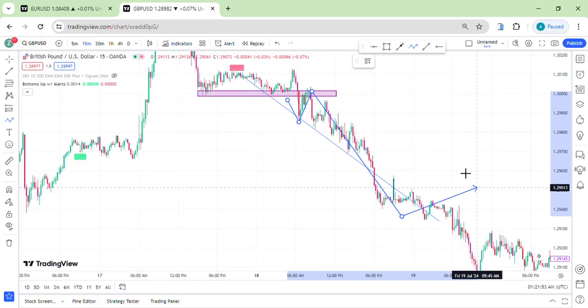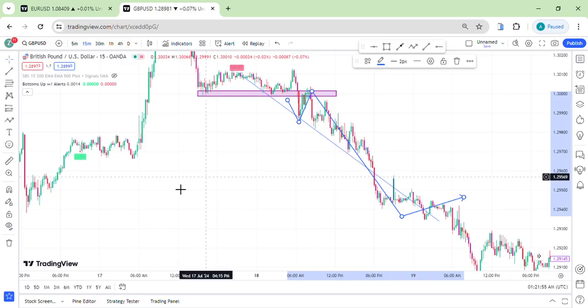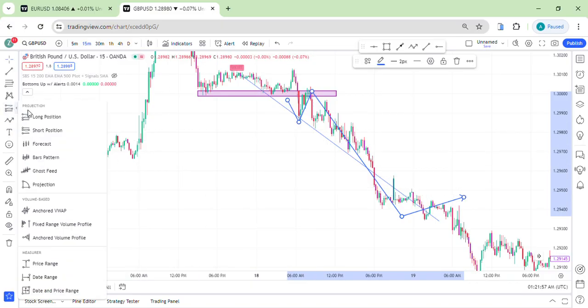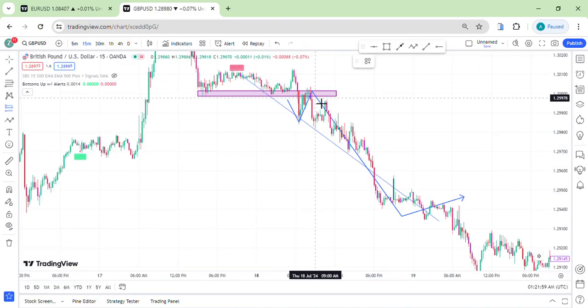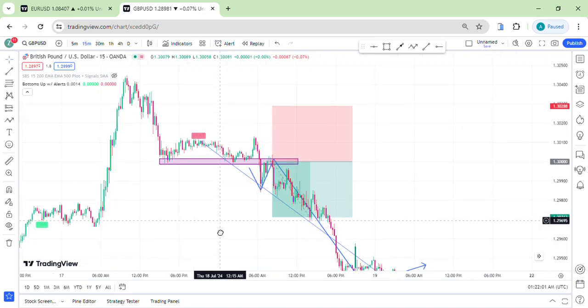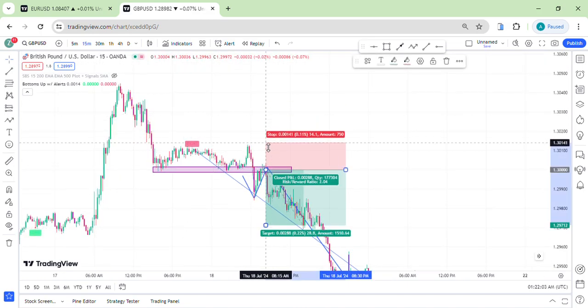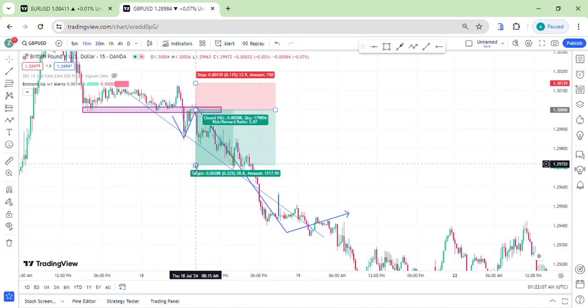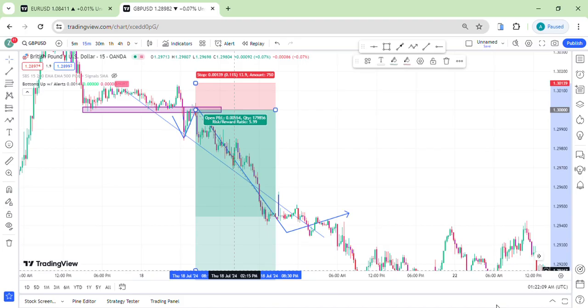You can see we'll be getting our entry here. All right, guys, then set a stop loss above. You guys understand?